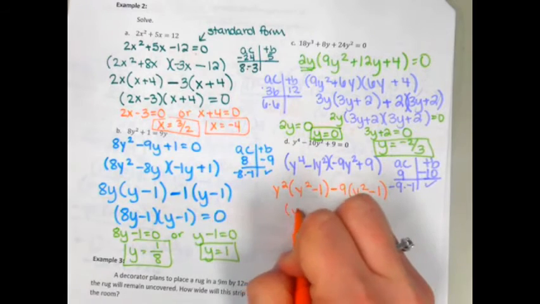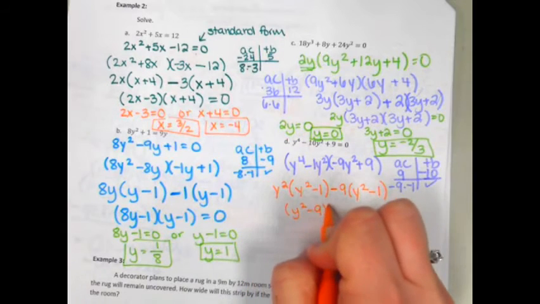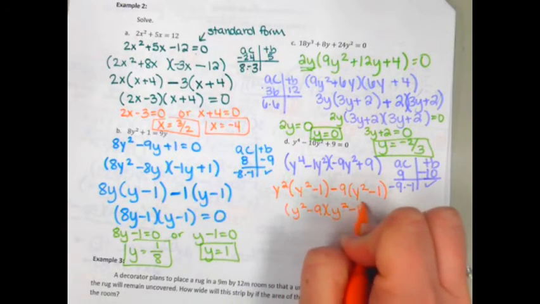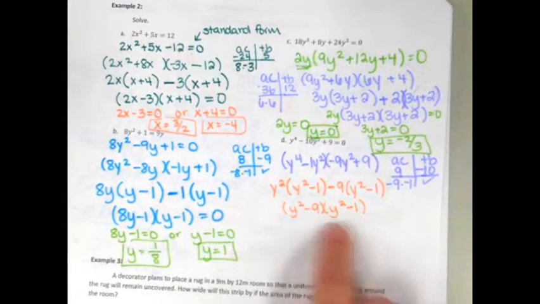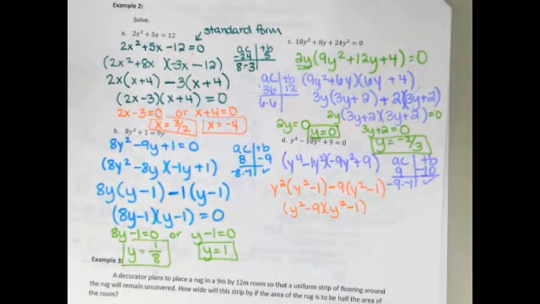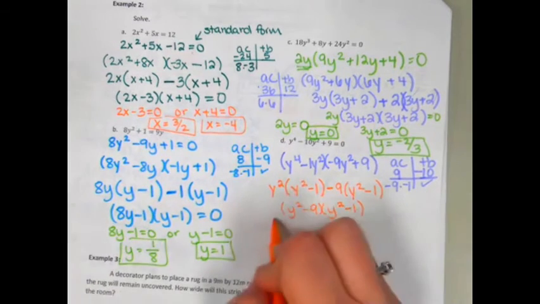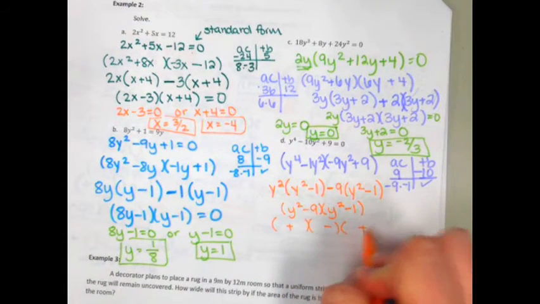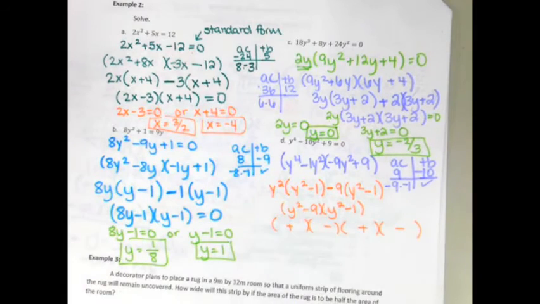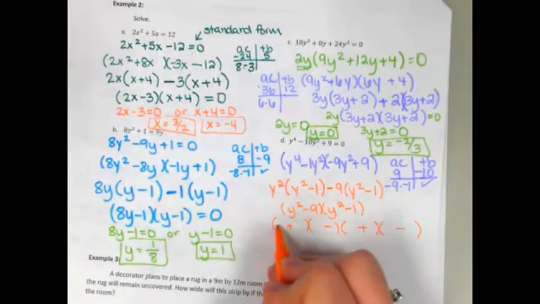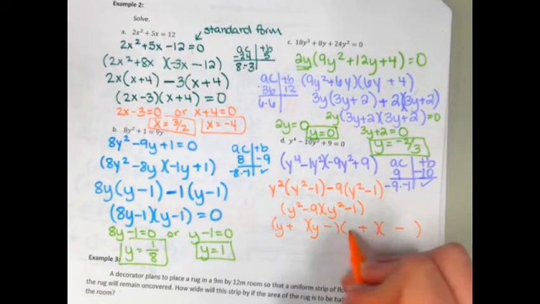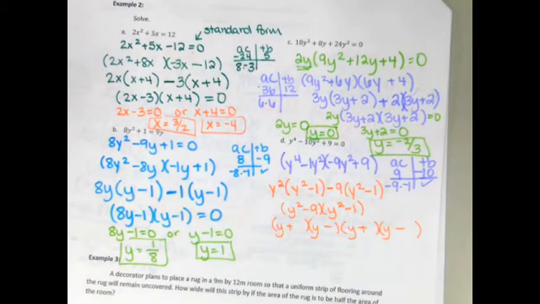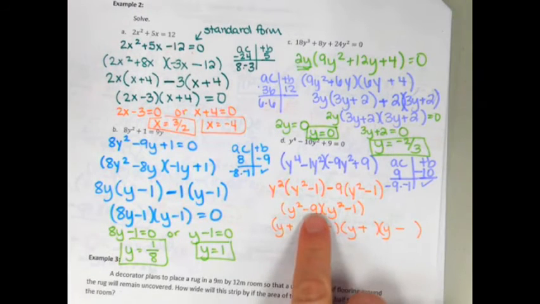So now we have y squared minus 9 and y squared minus 1. What do you notice about these? They're difference of 2 squares, aren't they? So we can do one plus, one minus for each of these, can't we? All right, square root of y squared is y, actually for all of these, aren't they? What's the square root of 9? 3.